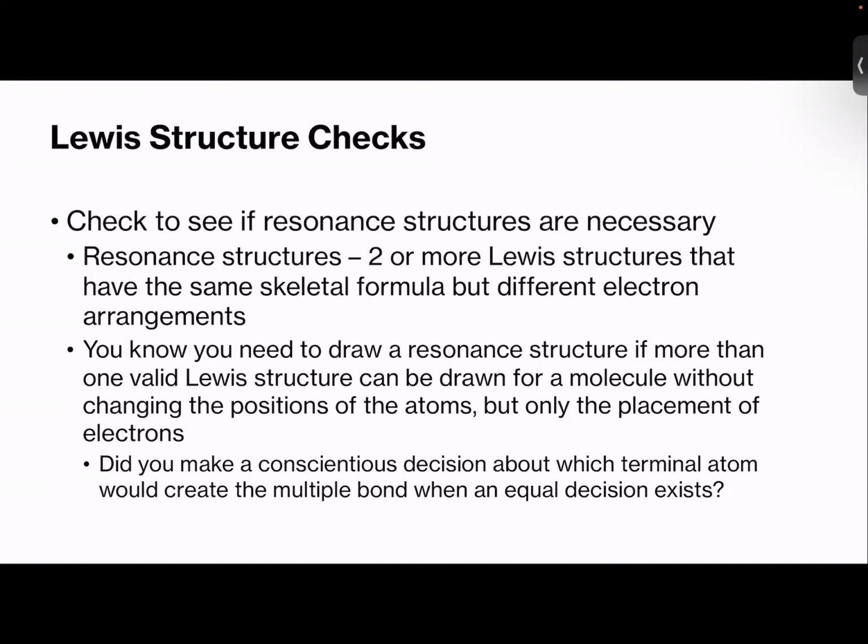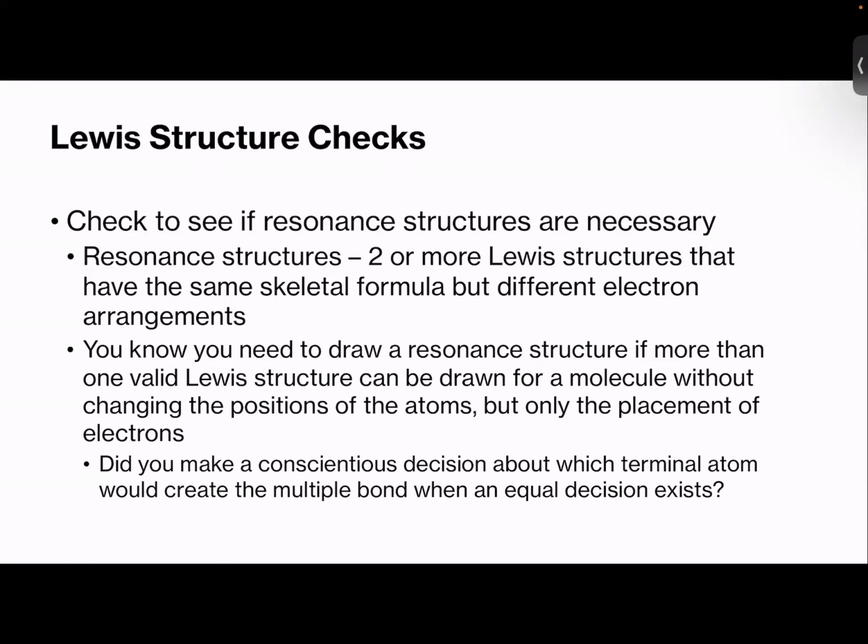Essentially, what this boils down to is, did you make a conscientious decision about which terminal atom would create a multiple bond with the central atom, but you could have made an equal decision with a different terminal atom?